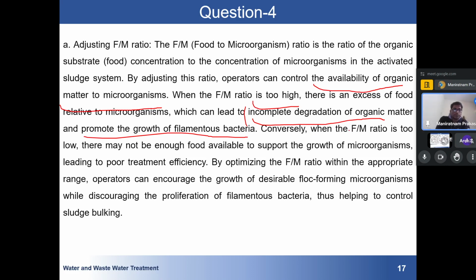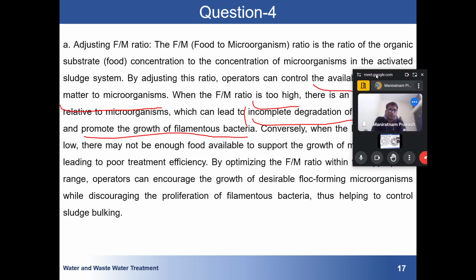Food is very low but the number of microbes is very high. So all the bacteria may not fully grow, because food is very low and all the microbes will eat everything.